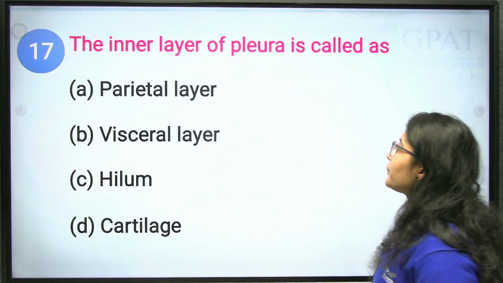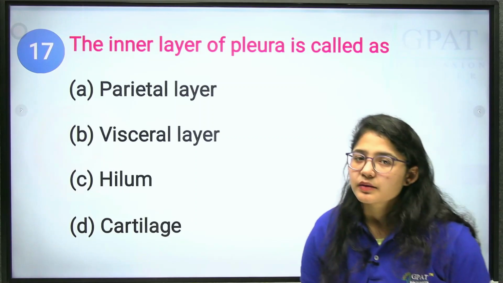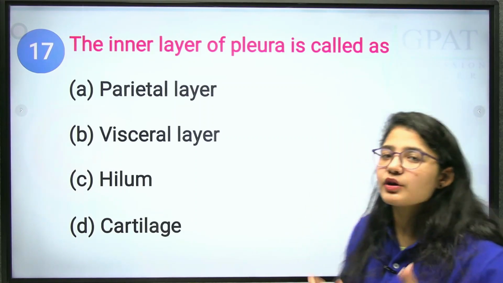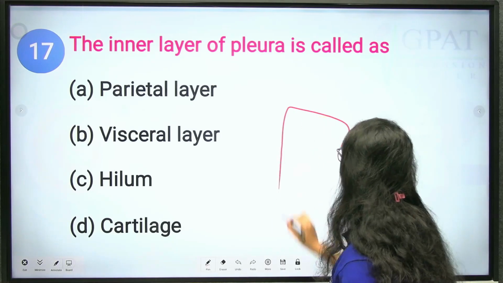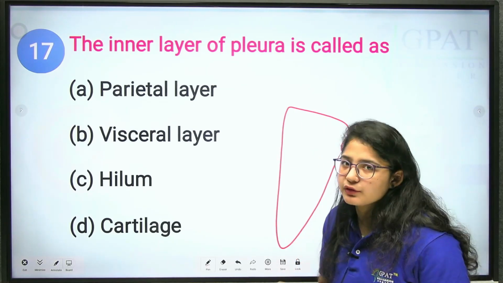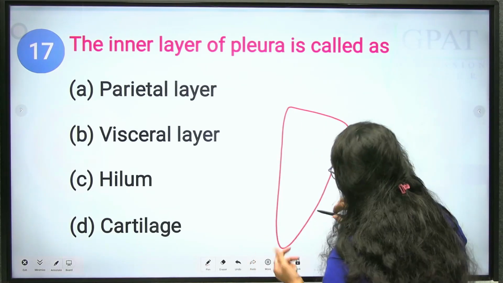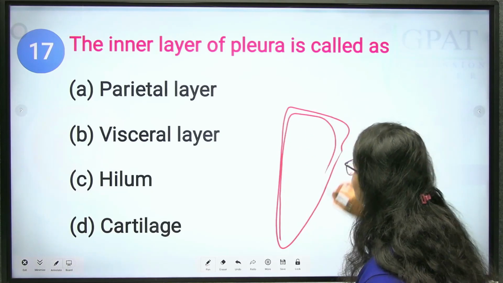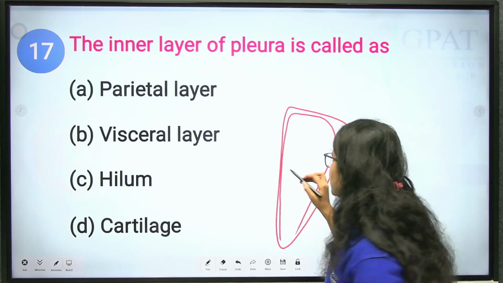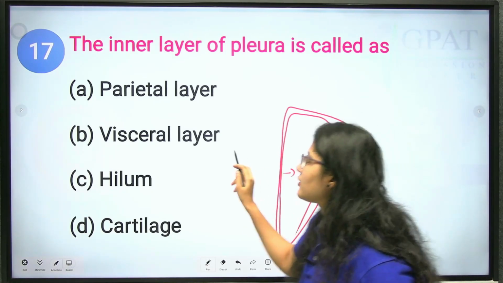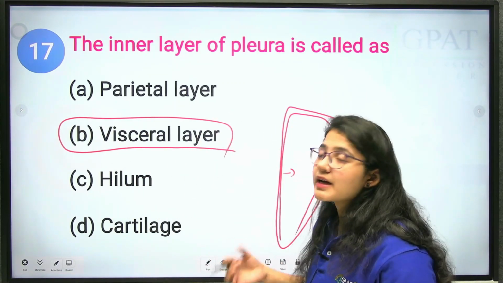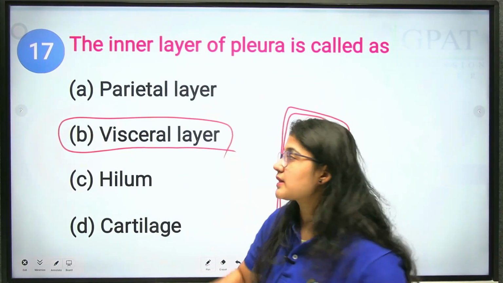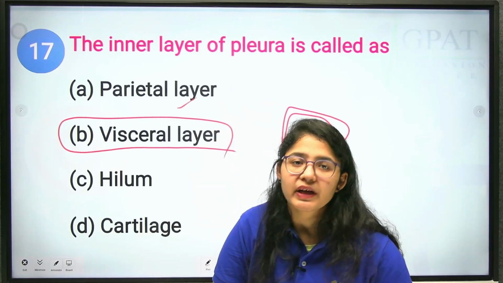Now the next question. Inner layer of pleura is called as? Pleura is what? That is the covering of your lungs. This is your lungs, for example. Don't go over the diagram, please. The pleura has two membranes. This is the inner layer, which is known as your visceral layer, and the outer layer, or the covering of your lungs, is known as the parietal pleural layer.